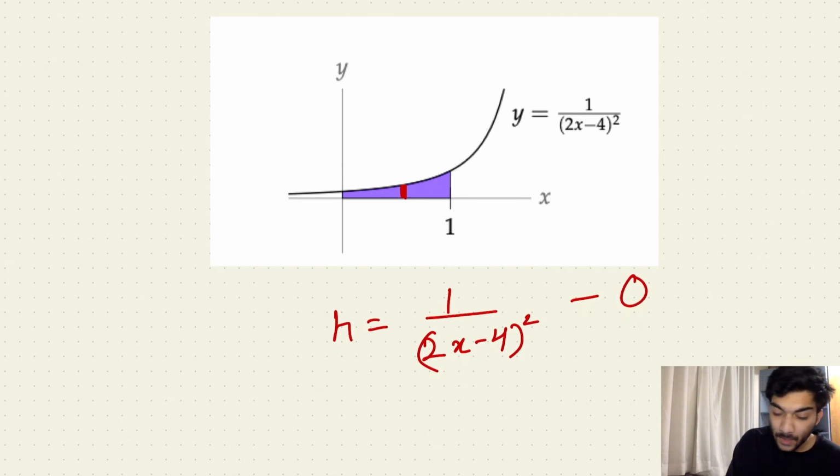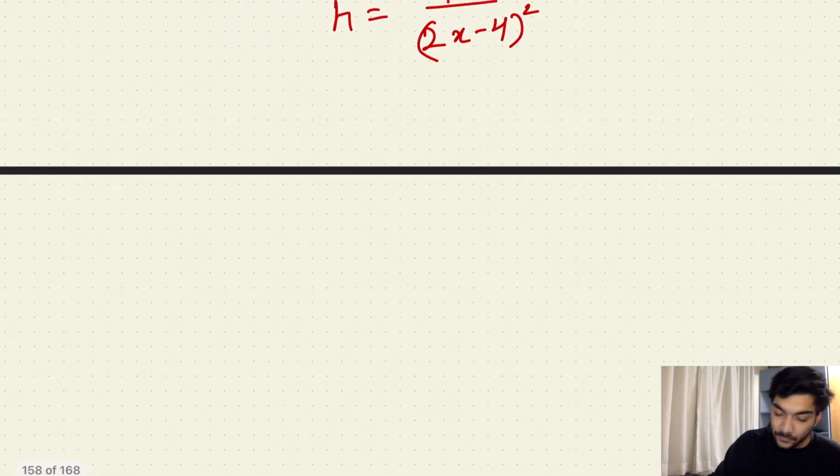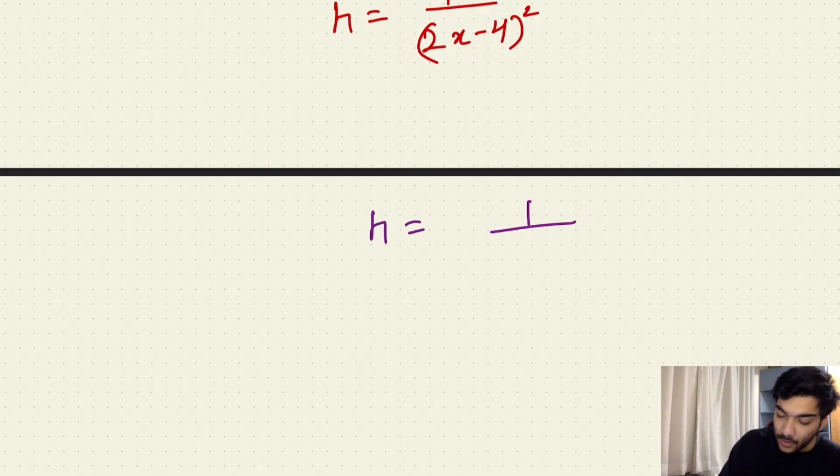This is your lower y value, y equals 0, and this is your upper y value, y equals 1 upon (2x minus 4) to the whole square. So your height is simply 1 upon (2x minus 4) whole square.